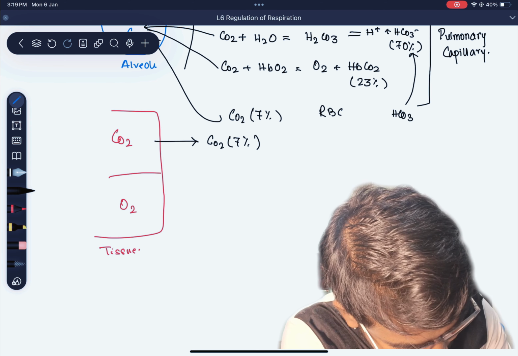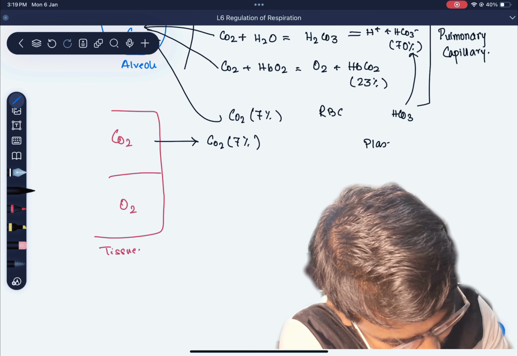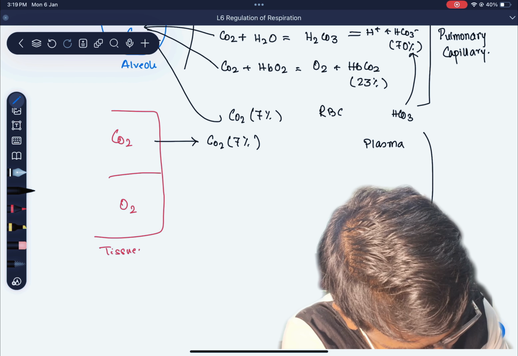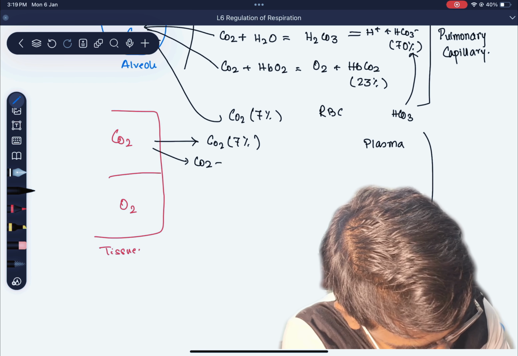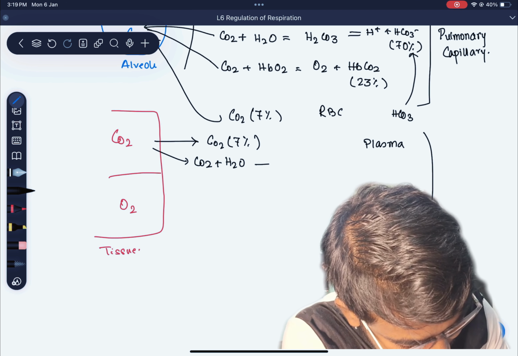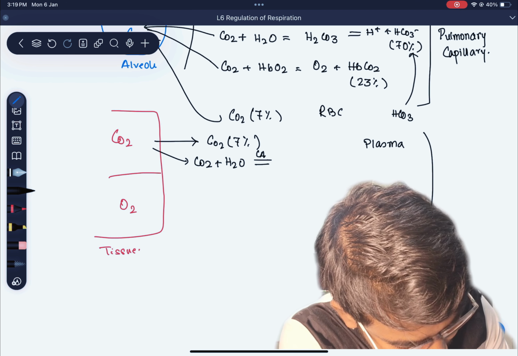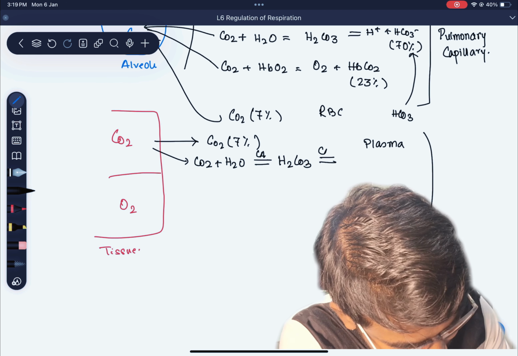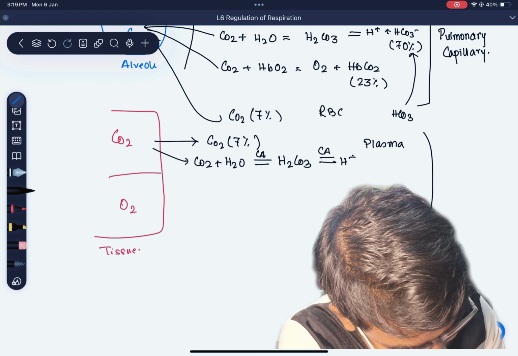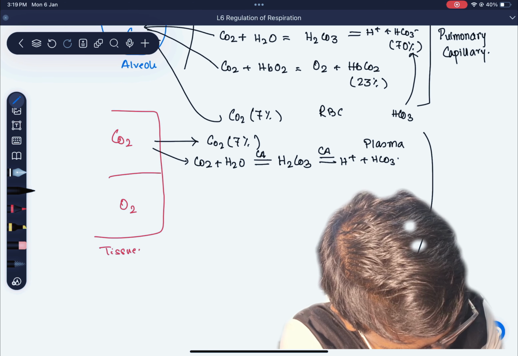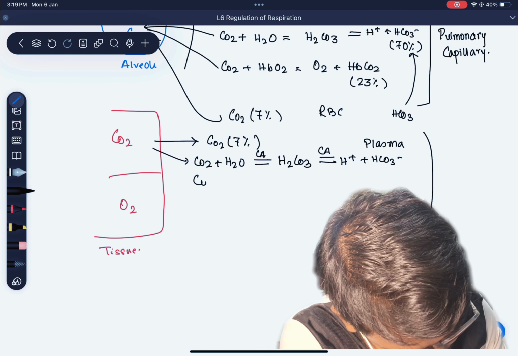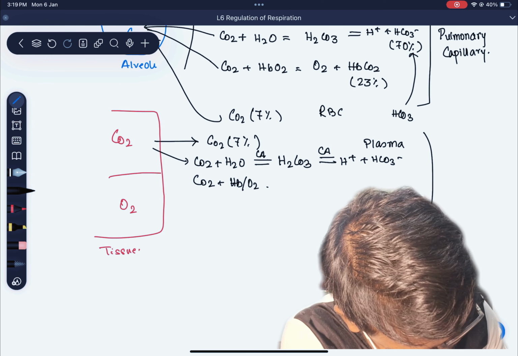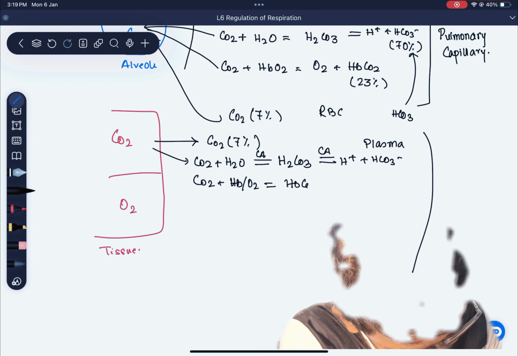Here CO2 plus H2O via carbonic anhydrase makes H2CO3, which makes H plus plus HCO3 minus. CO2 plus HbO2 equals HbCO2 plus O2.